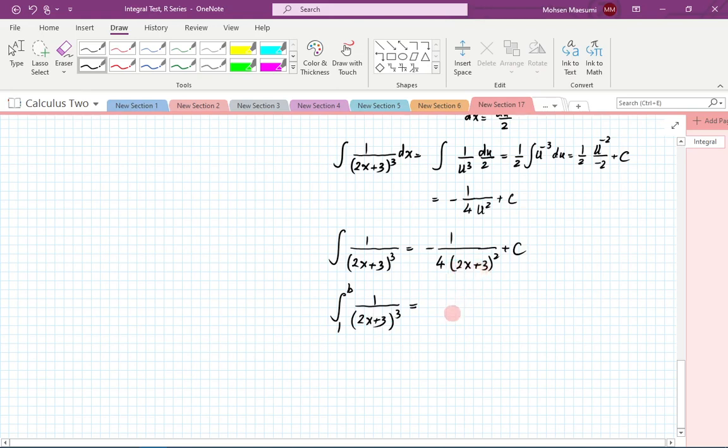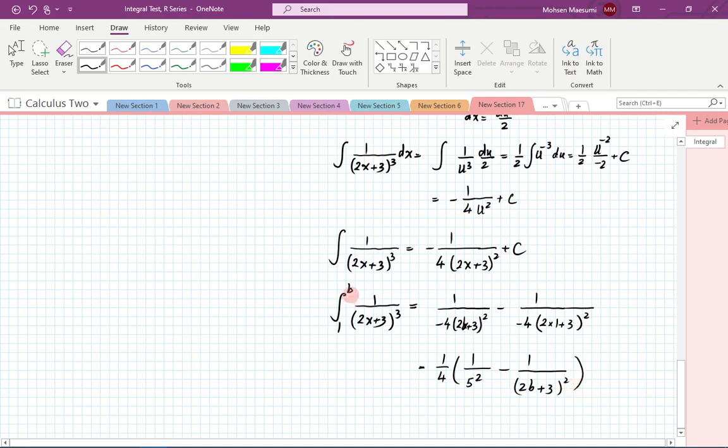I plug b into this thing, and it becomes 1 over minus 4 times (2b plus 3) squared, then minus 1 over minus 4 of x now is 1, so it becomes (2 times 1 plus 3) squared. Cleaning this up, I can put the factor of 1/4 outside. This becomes 1 over 5 squared, minus 1 over (2b plus 3) squared.